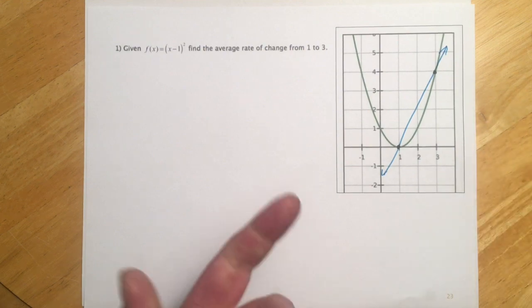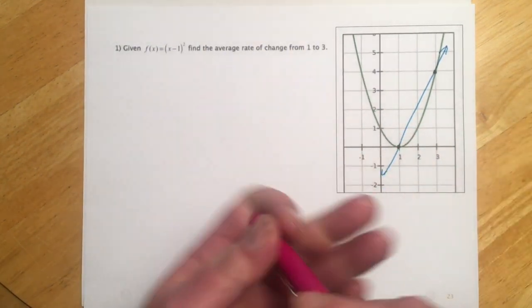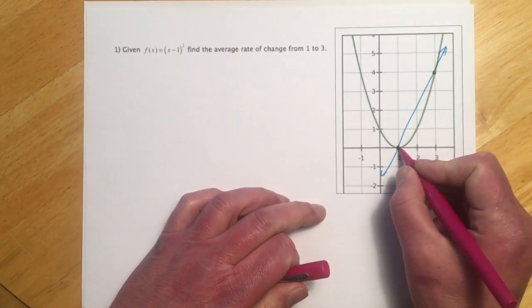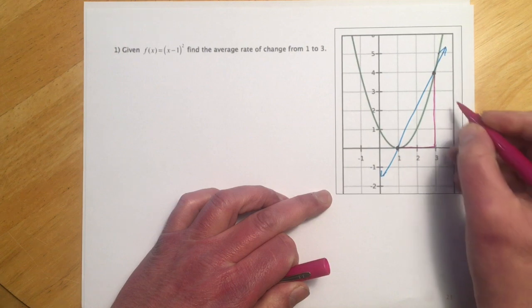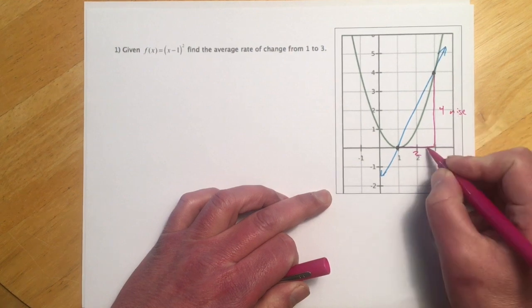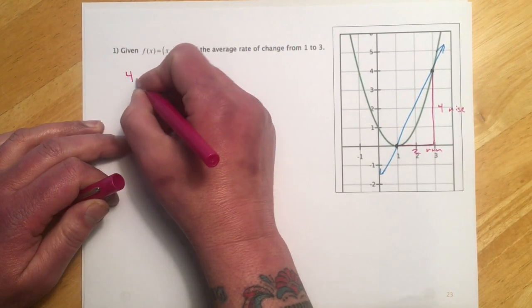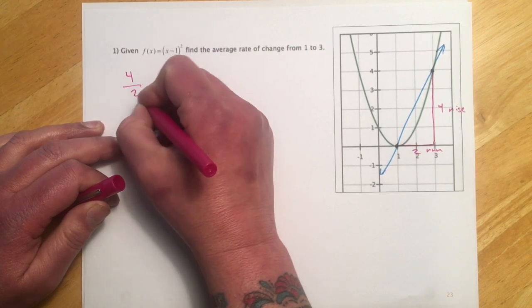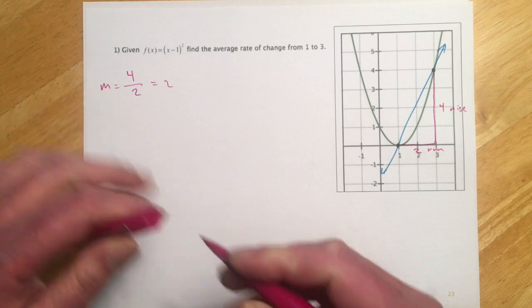Just looking at the graph, if we draw our triangle, it's going to go over 2, it's going to go up 4, so that's our rise and our run. And remember, way back when, rise over run was m, so m's going to turn out to be 2.